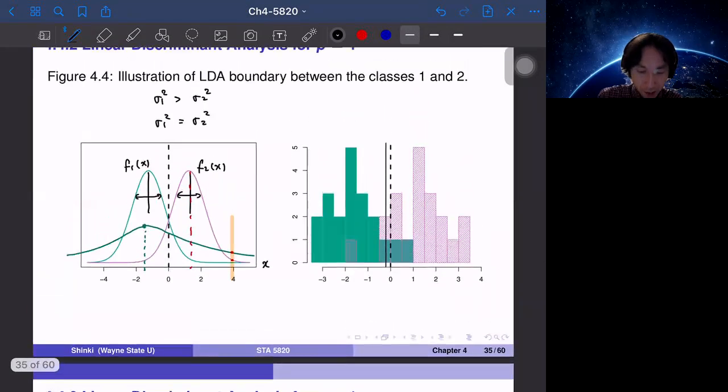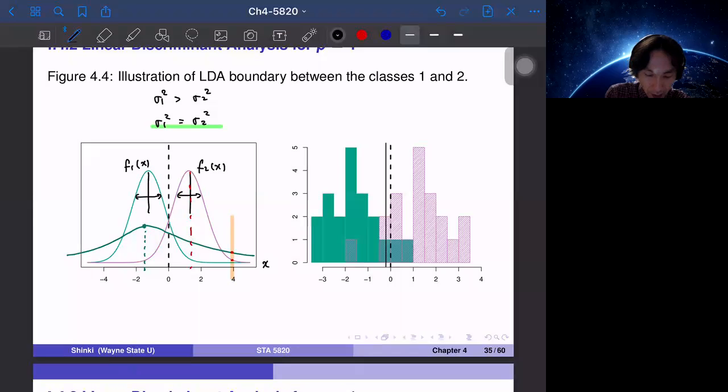And linear discriminant analysis assumes that the variances are the same. This assumption is useful to make the result stable, because if variances are different, some strange situation happens. If the variance is different, often the decision boundary is more complicated.